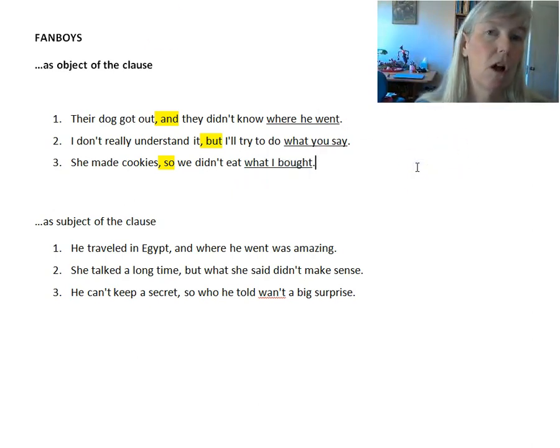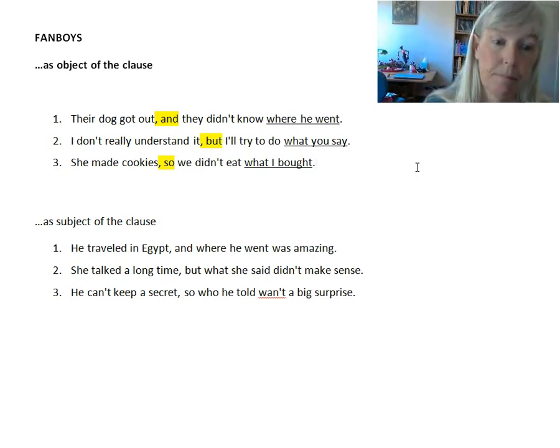Those are noun clause objects in a FANBOYS clause. So their dog got out, and they didn't know where he went. I don't really understand it, but I'll try to do what you say. She made cookies, so we didn't eat what I brought. Those are fine, normal, not extremely unusual or formal sentences. They are a bit complex, but they're very common.